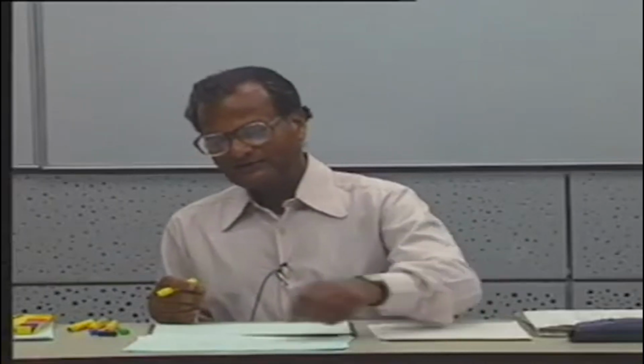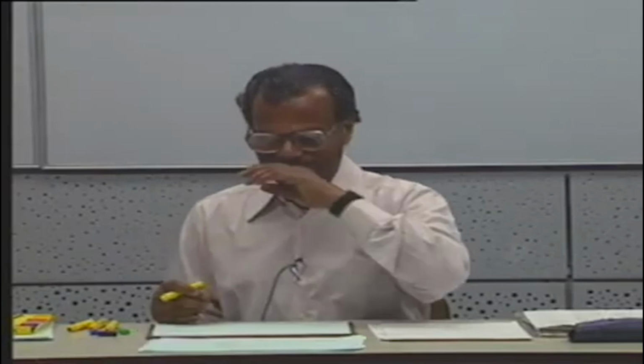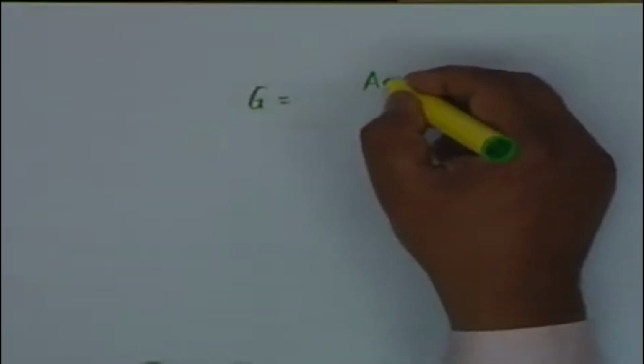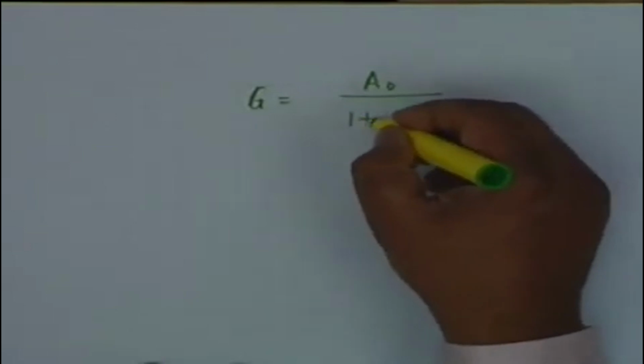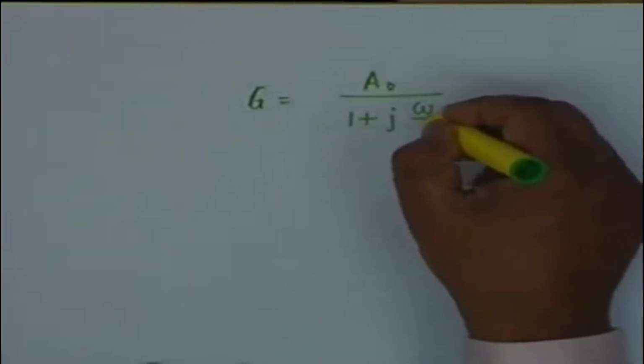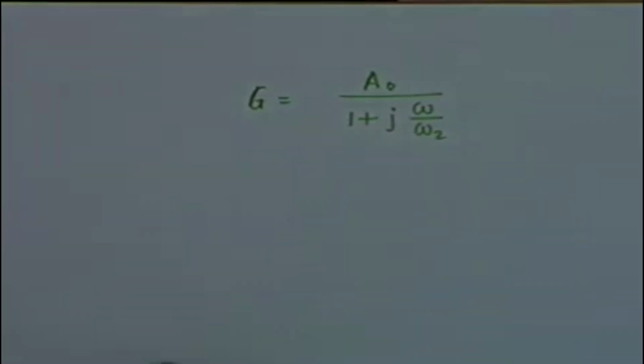Now we have already explained the advantage of negative feedback for stabilizing the Q point, the operating point. Let's look at wide banding. How does negative feedback cause wide banding? Suppose your internal amplifier G is given by A0 divided by 1 plus j omega by omega 2.